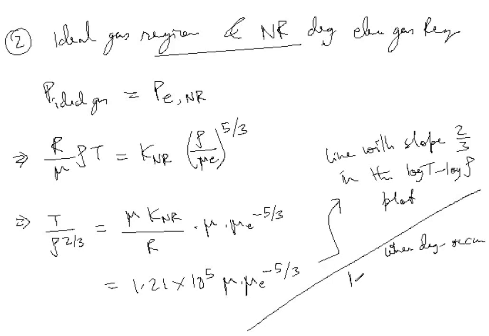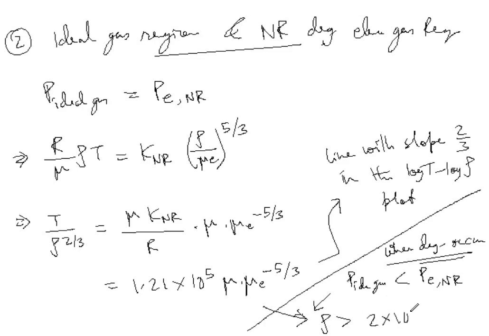Of course, this happens when the ideal gas pressure is less than P non-relativistic. So from this relation we can say that degeneracy occurs when rho becomes greater than 2 into 10 to the power minus 8 T to the power 3 by 2. This is a very important relation, the occurrence of the degeneracy condition.